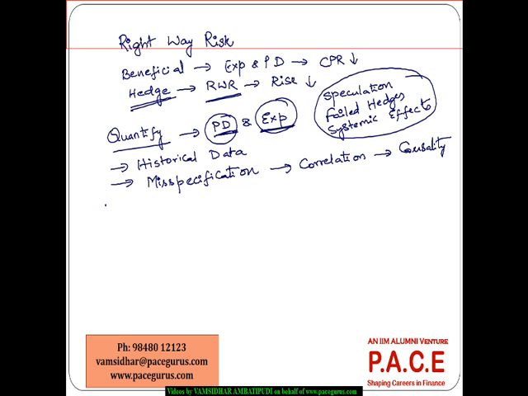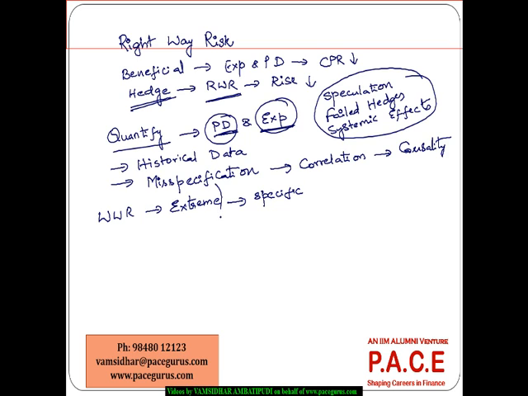So it is very difficult to quantify because of these reasons. And also, if I go with the historical data, wrong way risk is generally very much extreme. I look at a very serious consequence coming up, and it's more and more specific. So historical data may or may not show this kind of relationship perfectly.